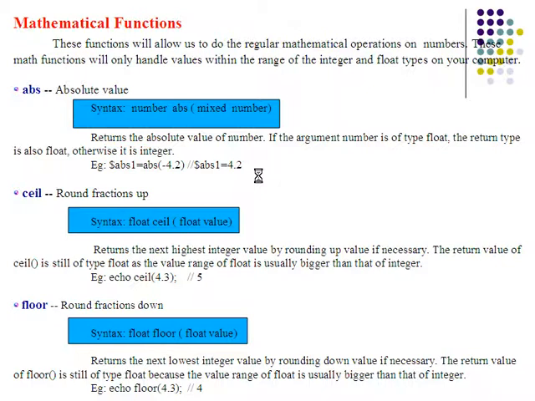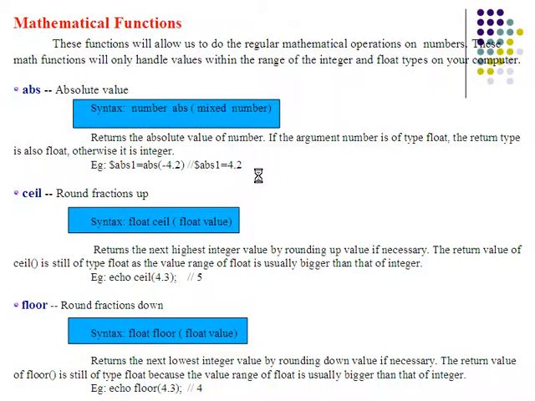Otherwise, if it is an integer, then it returns an integer value. For example, here I have passed the argument minus 4.2. It just ignores the negative sign, and it returns the value 4.2. So the absolute value of minus 4.2 is 4.2.